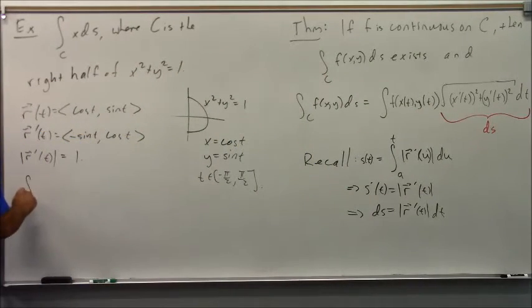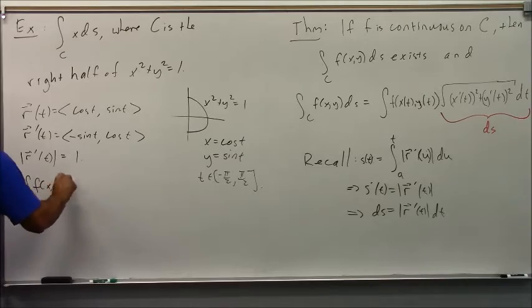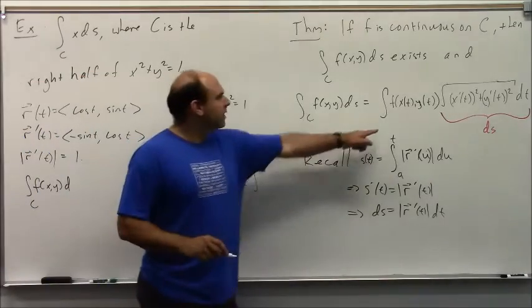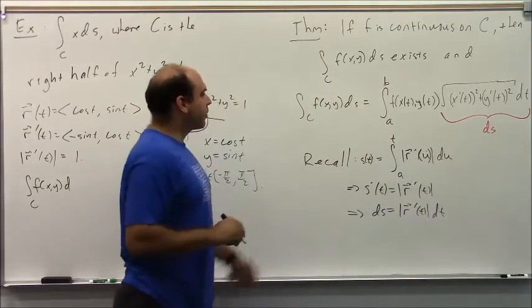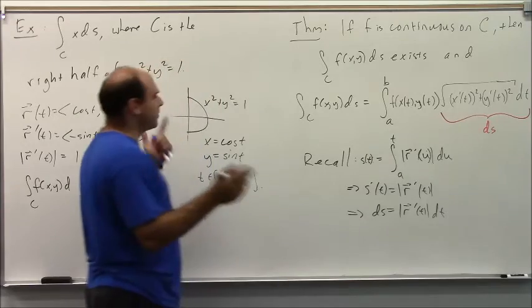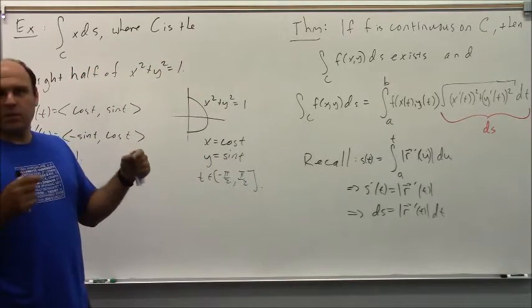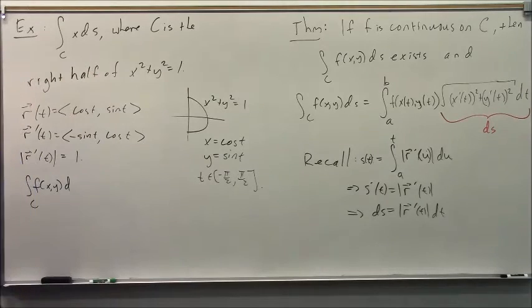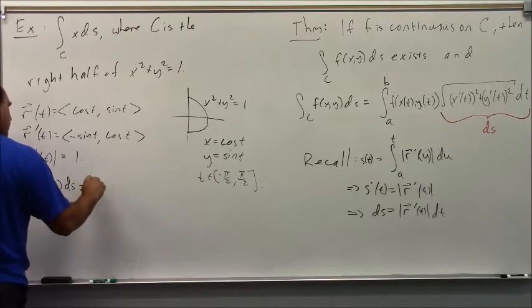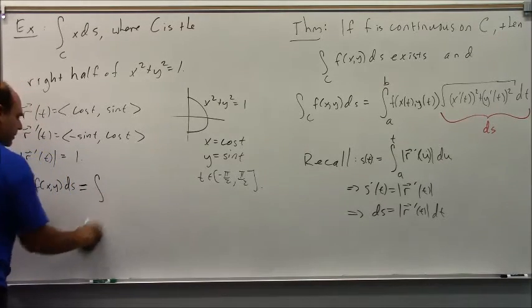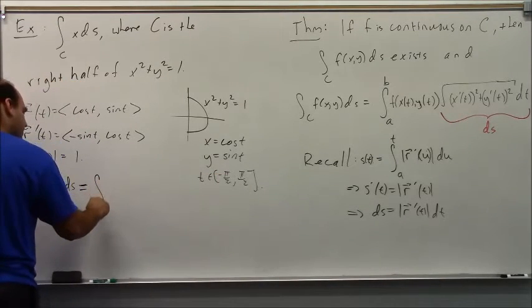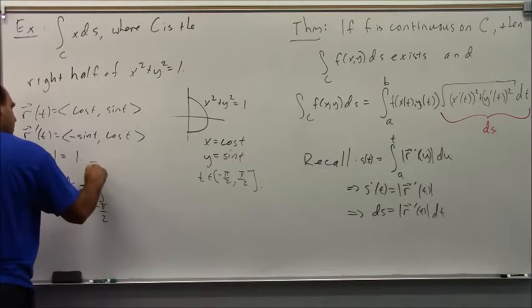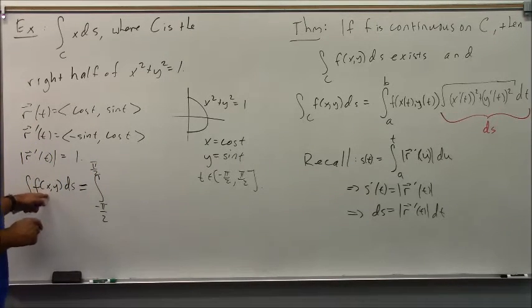All right, so our integral then, the integral over C of f of x, y, ds. Oh, I didn't write down the whole theorem. This should be as t goes from a to b. My limits of integration are just the endpoints of my t domain. So the integral over C of f of x, y, ds is equal to the integral from a to b, which in our case is minus pi over 2 to pi over 2, of f of x of t.